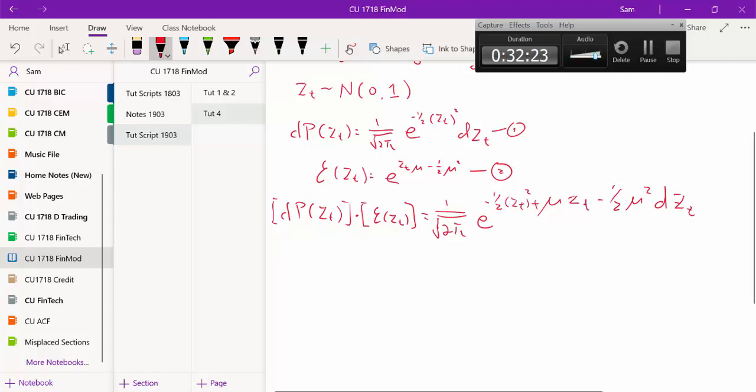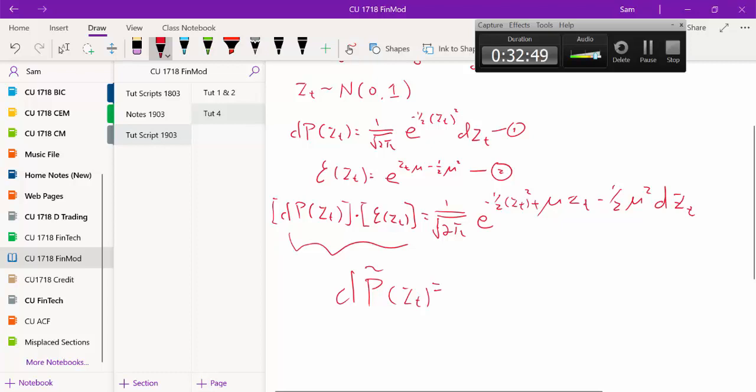Now, I'm going to give the left-hand side a new name. I'm going to call it P tilde. So I just relabeled it.